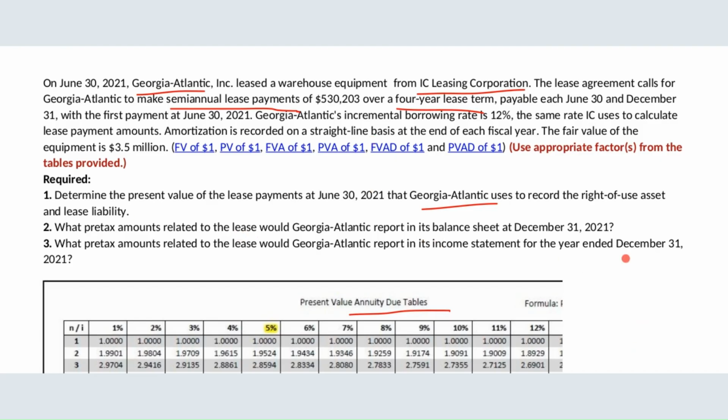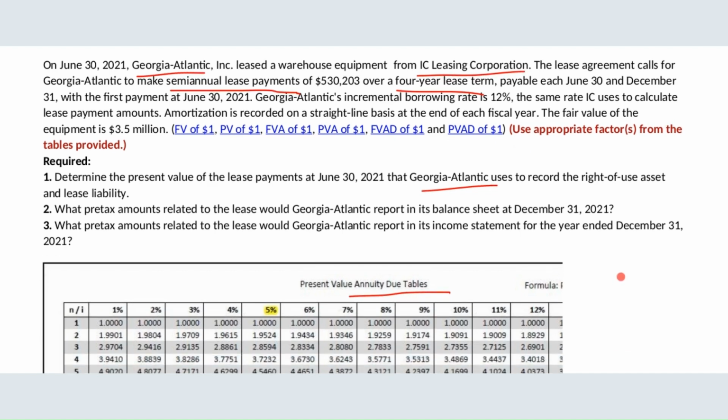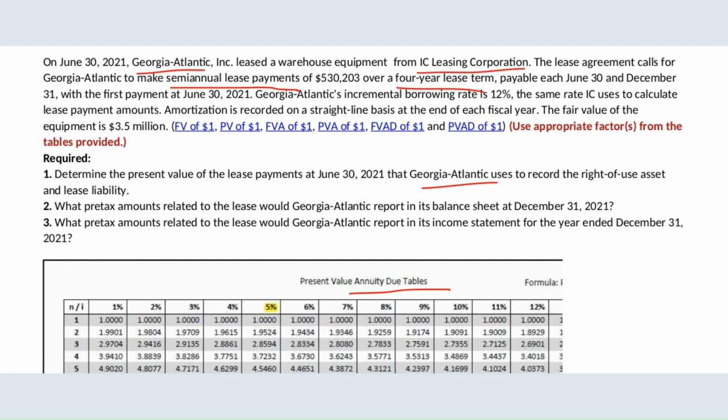So determine the present value of the lease payments. And so to determine the present value of the lease payments, what we're going to do is take, these are semi-annual payments, right? So that means that we're going to have to convert our period.